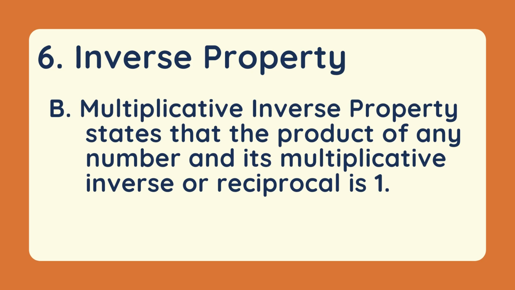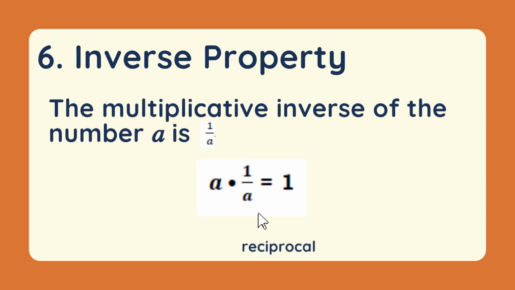Multiplicative inverse property states that the product of any number and its multiplicative inverse or reciprocal is 1. So, the multiplicative inverse of the number a is 1 over a. So we will just put it in the denominator. If you are given, let's say for example, a, its reciprocal is 1 over a.